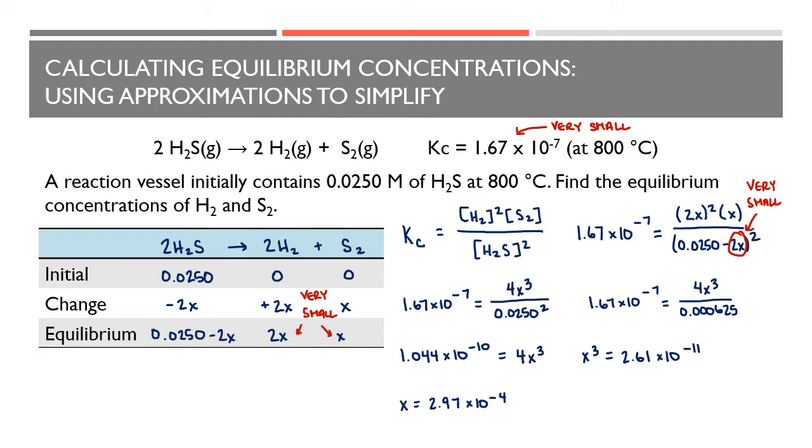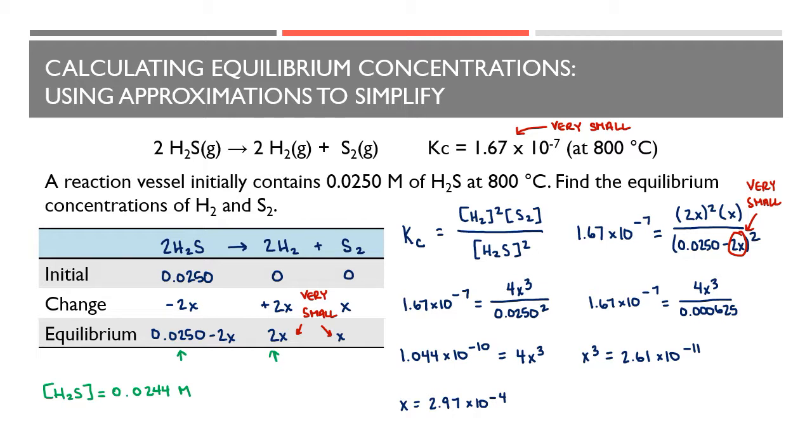The last thing I need to do is substitute that x in for my equilibrium concentrations. So I take that x and put it right in there. The equilibrium concentration of the H2S is 0.0250 minus 2x, and my x is 2.97 times 10 to the negative 4th. Don't forget that. So I get 0.0244. I subtracted very little from that.